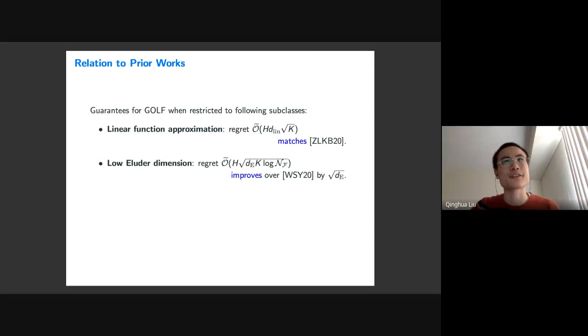So if they cannot do better than this rate in the linear setting, I think we also cannot do better than that rate in our setting.